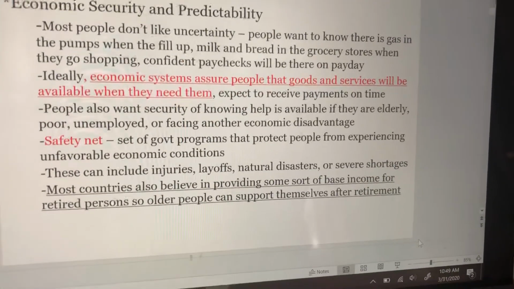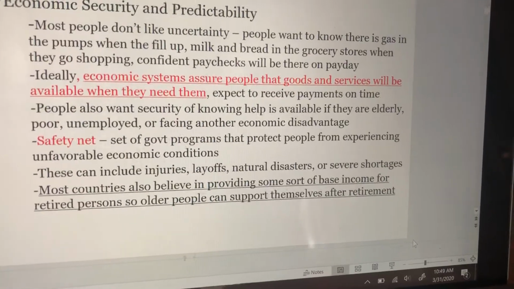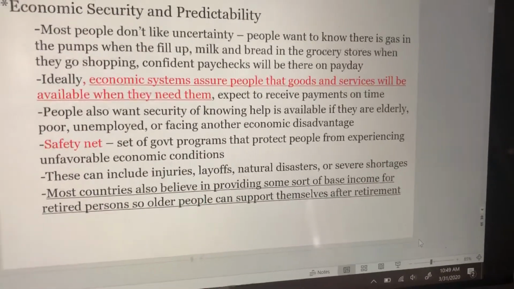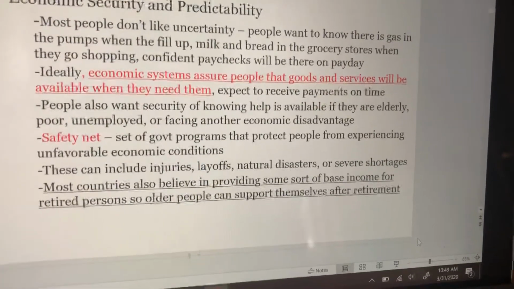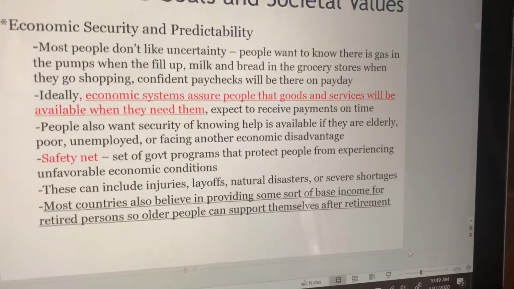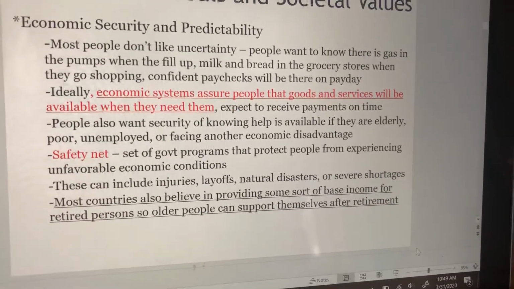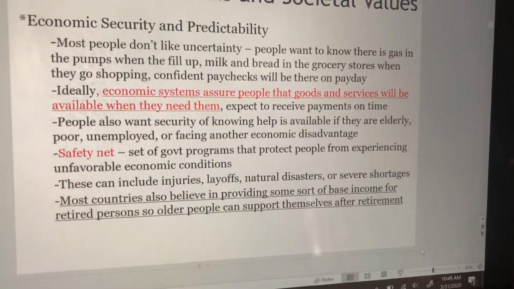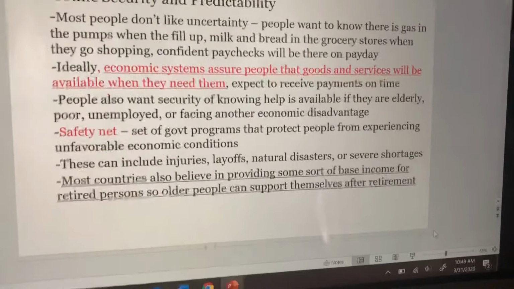So something known as a safety net. That is a set of government programs that protect people from experiencing unfavorable economic conditions. That can include injuries, layoffs, natural disasters. So we as a country provide safety nets. We provide unemployment insurance. If you were to get hurt on the job, you can usually collect disability pay.